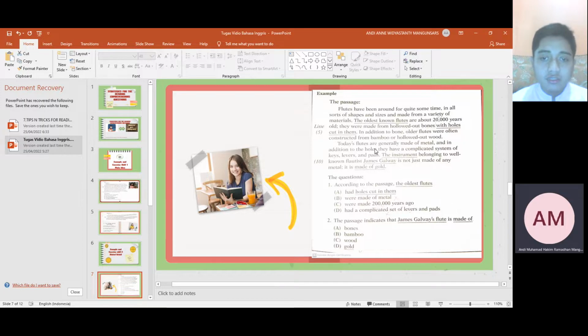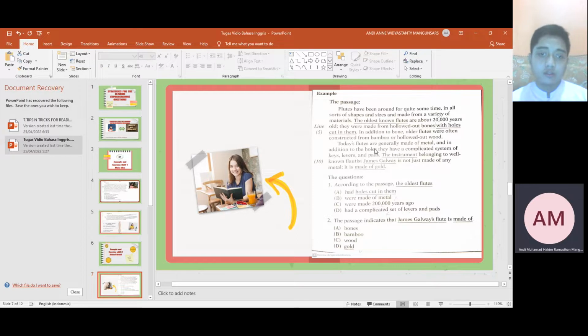Okay, we can see in the end paragraph that it is made of gold. And the question says James Galway's flute is made of gold, so the answer is gold. That's implied in the passage paragraph.